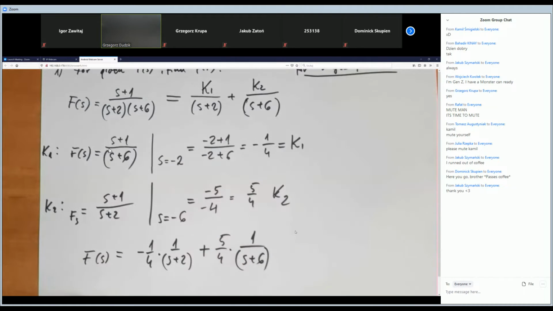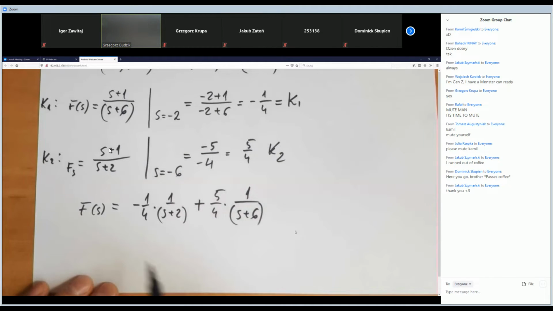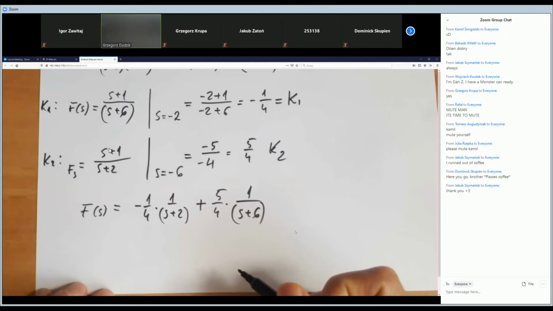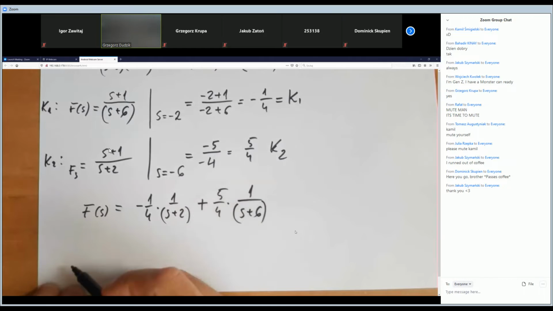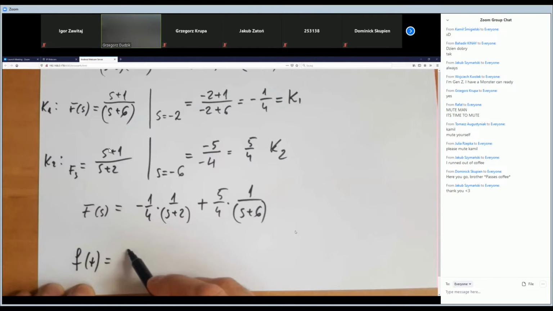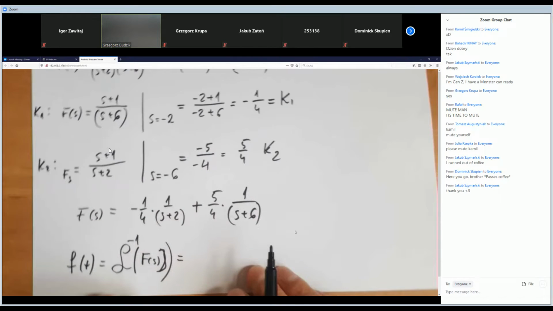We've got it. And now, if we have F(s) in such a representation, we can very easily find the f(t) function, which will be equal to the inverse Laplace transformation of F(s).